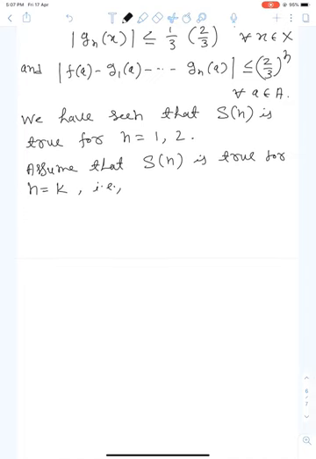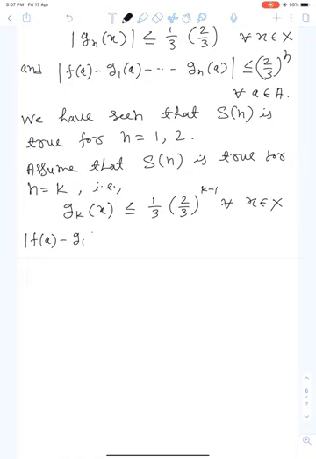That is, |gk(x)| is less than or equal to 1/3 × (2/3)^(k-1) for all x belongs to X, and |f(a) - g1(a) - ... - gk(a)| is less than or equal to (2/3)^k for all a belongs to A. Now we claim that Sn is true for n equal to k plus 1 as well.